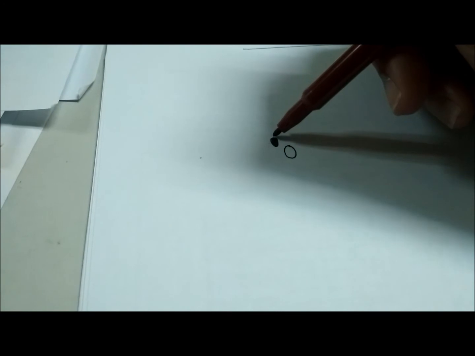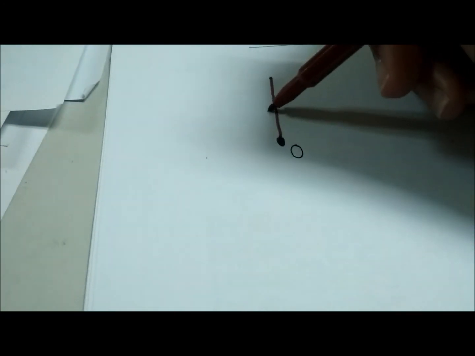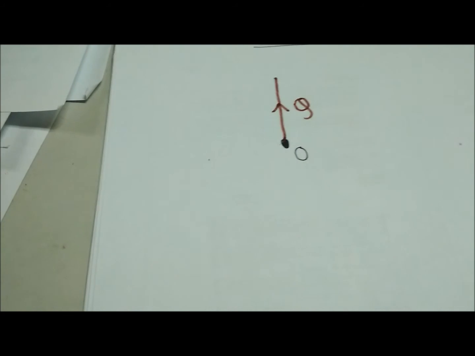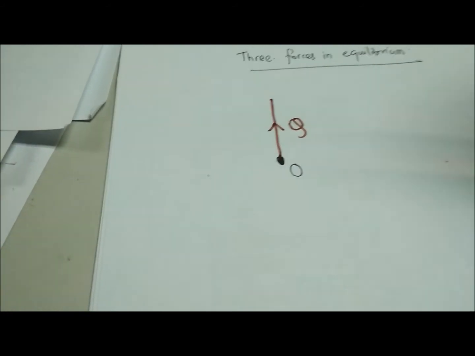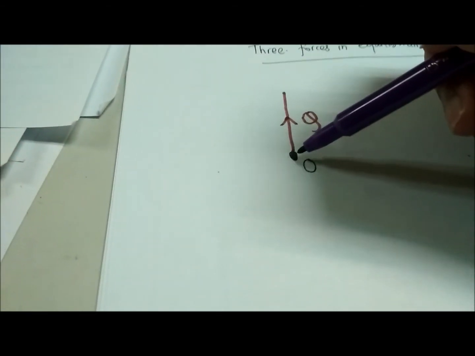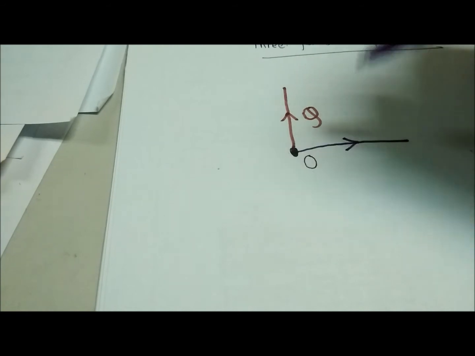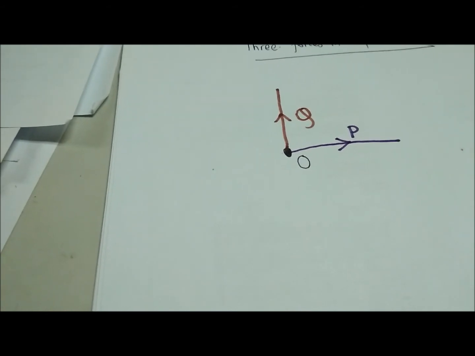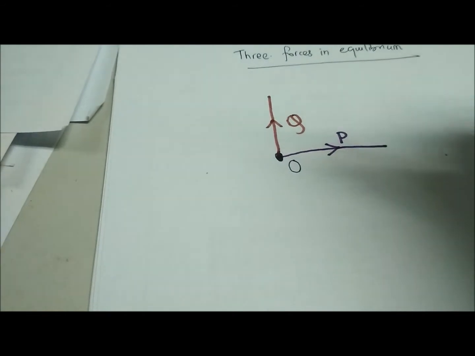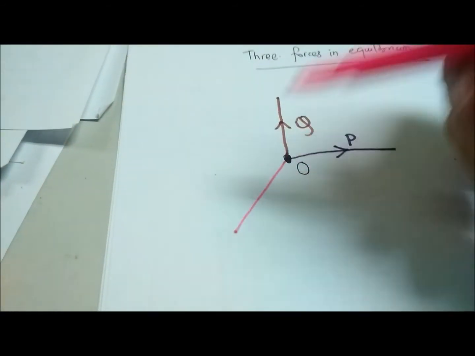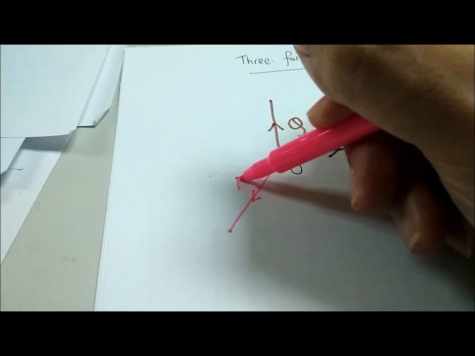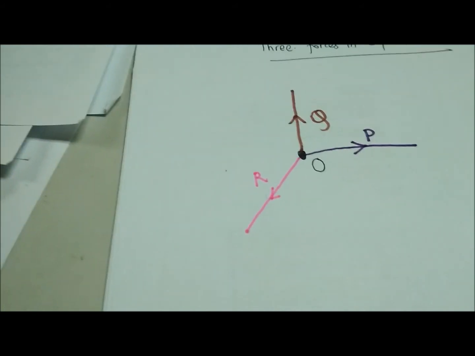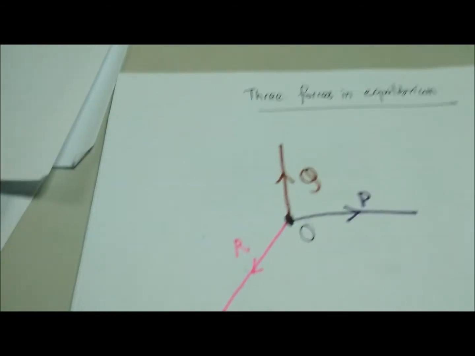Let's say force number 1 is Q. The second force is acting this way, so this is force P. The third force is acting this way, let's say this is force R. So we have three forces acting on this object O.